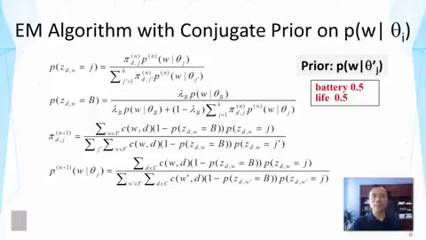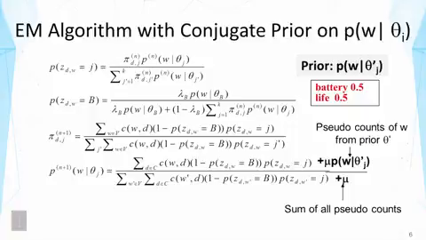Now, if we use map estimate with the conjugate prior, which is Dirichlet prior, Dirichlet distribution based on this preference, then the only difference in the EM algorithm is in the M step. When we re-estimate word distributions, we are going to add additional counts to reflect our prior.